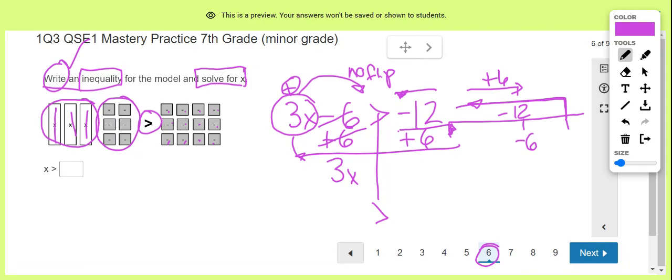We go left, then right, opposite subtract, so we end up with negative 6. Now we go back to the x input: something times 3 is greater than negative 6, so we're going to divide by 3 to help us solve for the something. So x is greater than negative 6 divided by 3, which gives you negative 2.